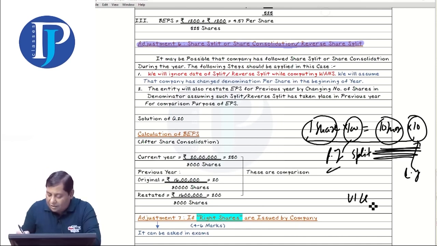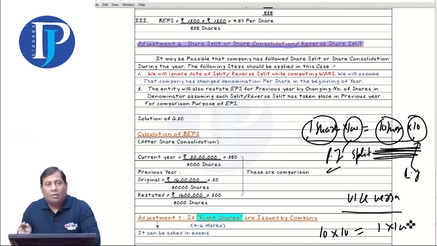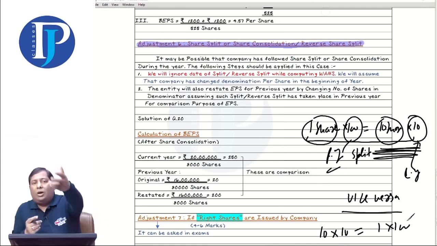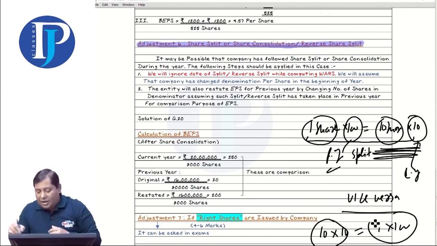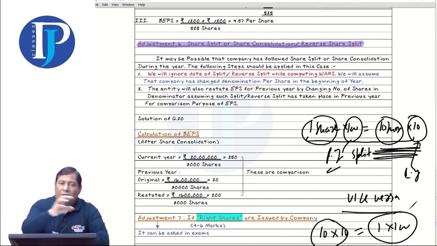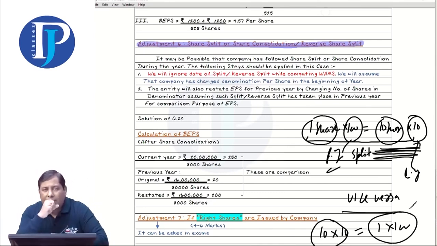Just do the vice versa. Vice versa means I had 10 rupees worth of shares, and what I did, 10 rupees into 10, converted the low denomination to high denomination. It will be a vice versa case. Last year the number of shares was more. This year it has decreased as you have made the 10 rupee share 100 rupees.